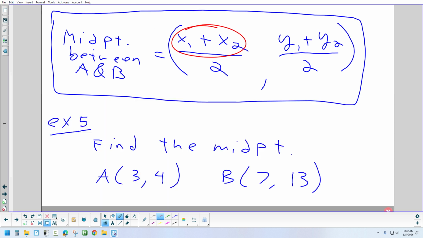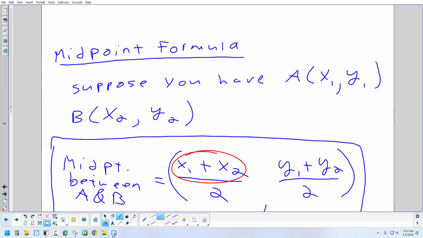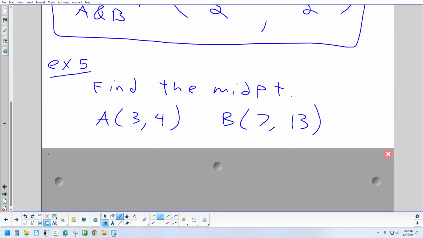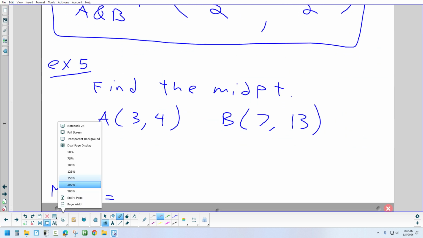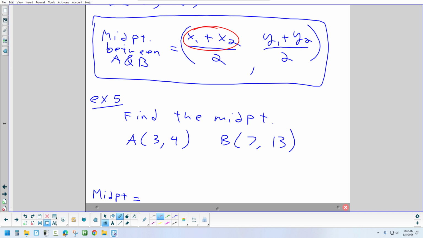All right, so let's try finding the midpoint between those 2 points. I think this will be the last one. Let's start with x1. What's x1 in my formula? So we can do 3.